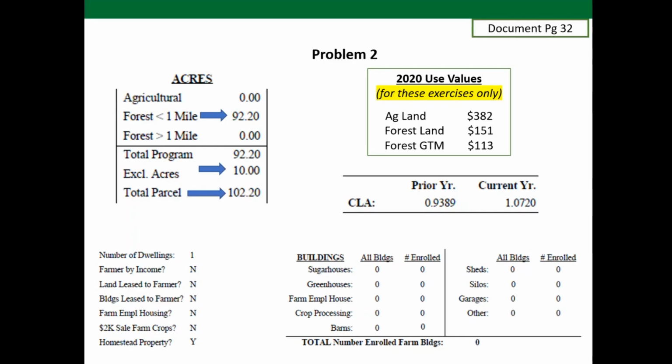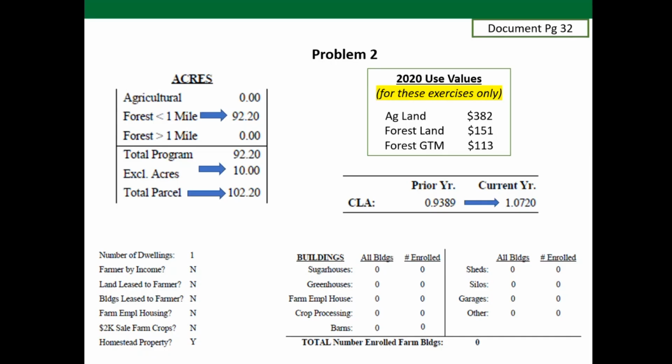So in this example, we have 92.2 acres of forest, we have 10 acres of excluded, and we have a total of 102.2 acres. So assuming that we've checked and made sure all that matched with what we had, meaning do we have 102.2 acres on our CAMA sheet, and does it make sense that that's what we should have? And we correlated all that, then we can go ahead and do the rest of this process.